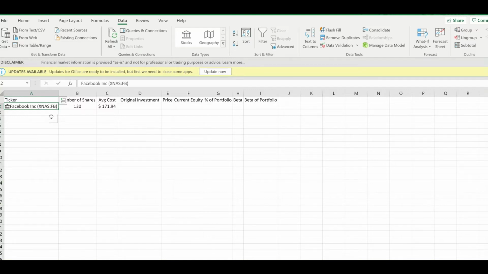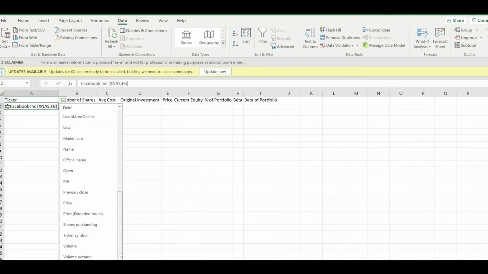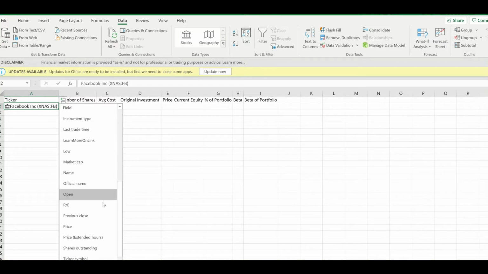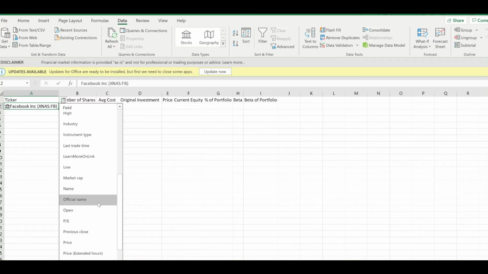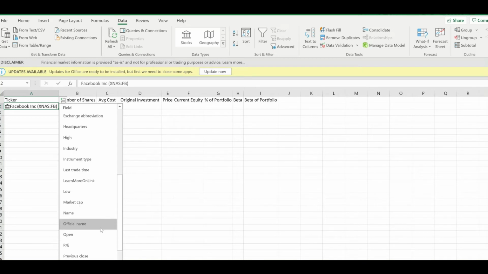Also, you'll see a small symbol here. That's where you click and you can bring in the actual value for Facebook for all these column headers. So if you want to know the price, you can bring in the price to your spreadsheet, or any of these fields that are available here.